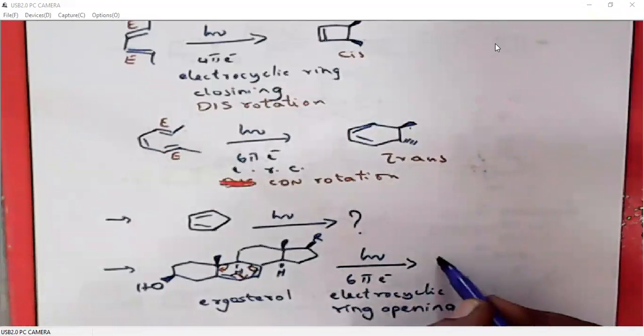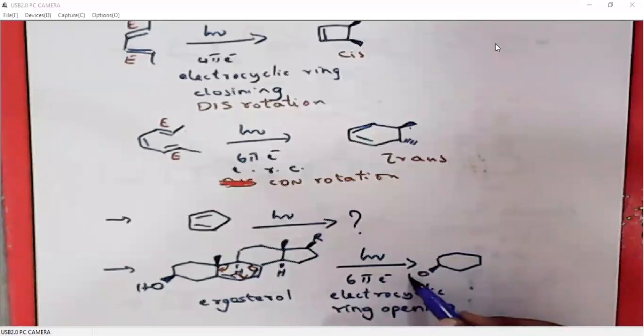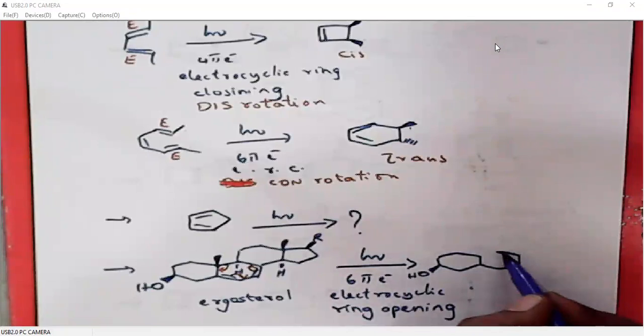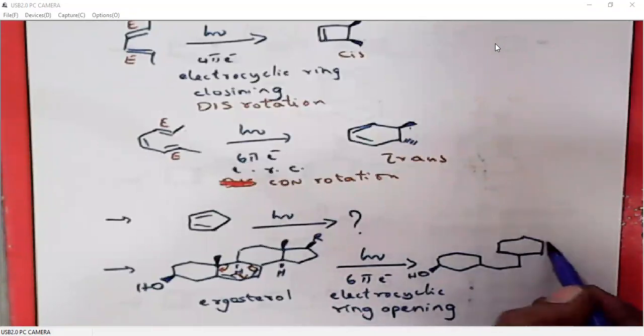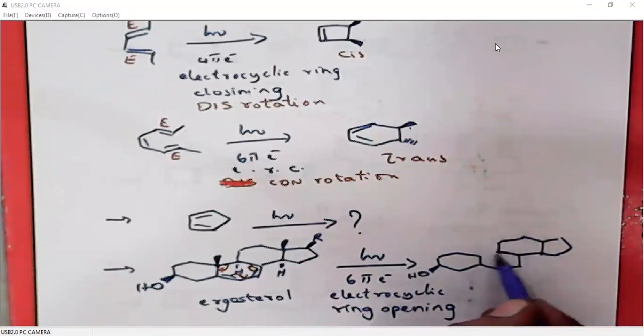The product is this. This is the bond which has broken during the electrocyclic ring opening.